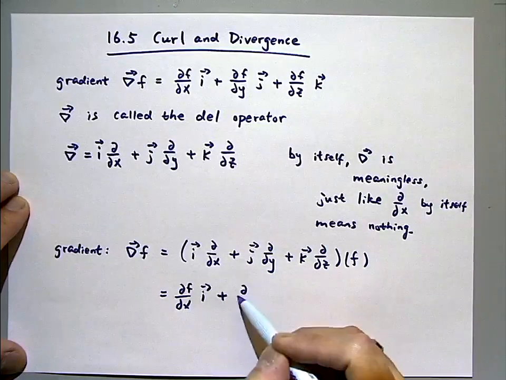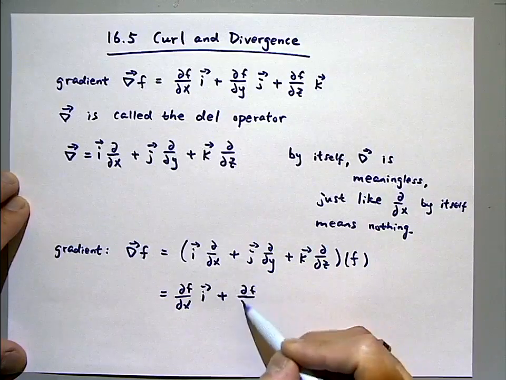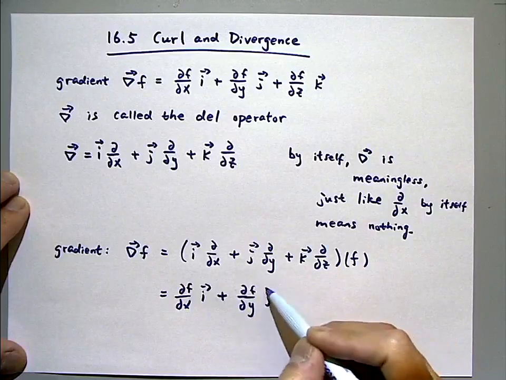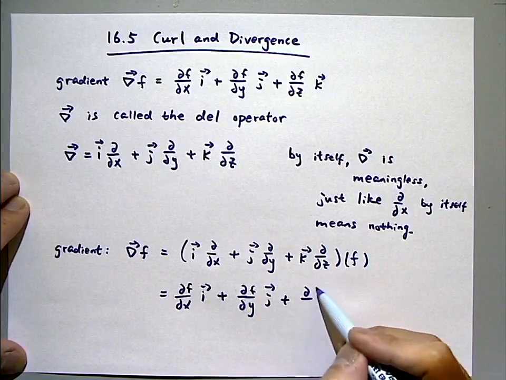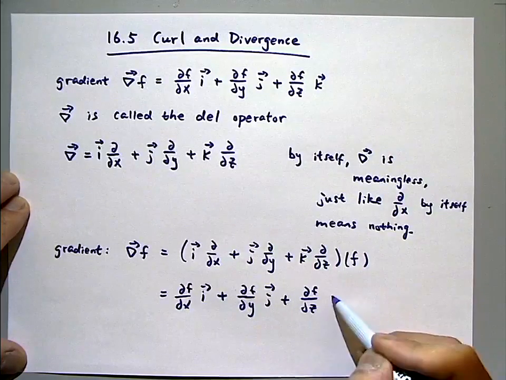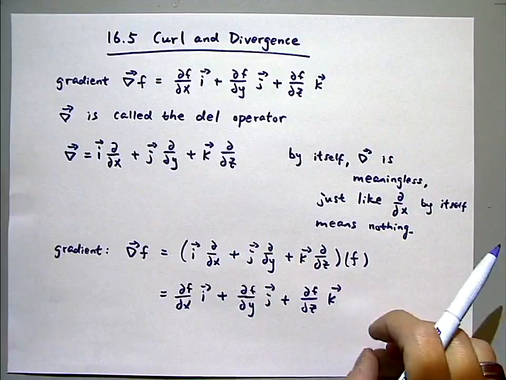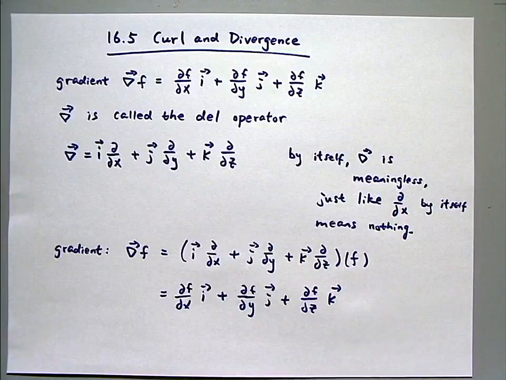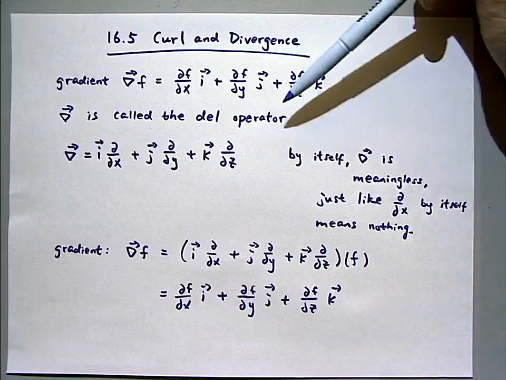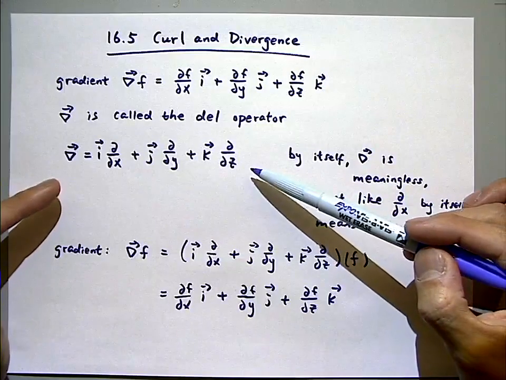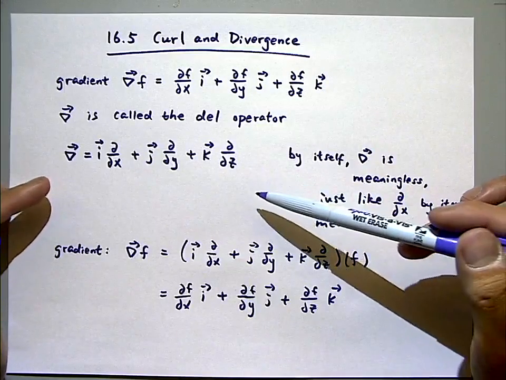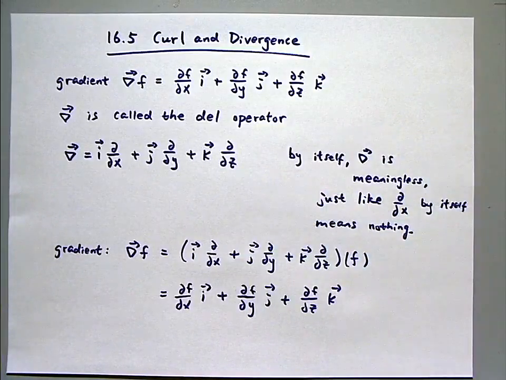It means take the derivative of f with respect to y, and that goes in the j component. And same thing with the last one. So that's where this gradient thing really came from. We had this operator called the del operator. It looks like a vector, but it's not truly a vector because by itself, it doesn't have any meaning to it.